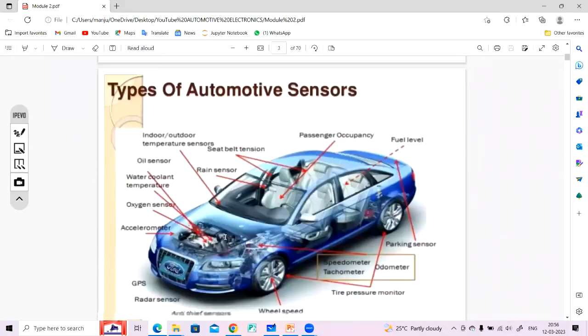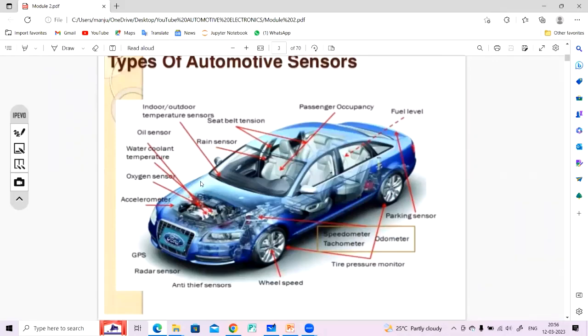Okay, if we discuss the types of automotive sensors, we have rain sensor, fuel level, parking sensor, speedometer, tachometer or odometer, wheel speed, anti-theft sensor, GPS, radar sensor, accelerometer, oxygen sensor, water coolant temperature, oil sensors, and indoor-outdoor temperature sensors.